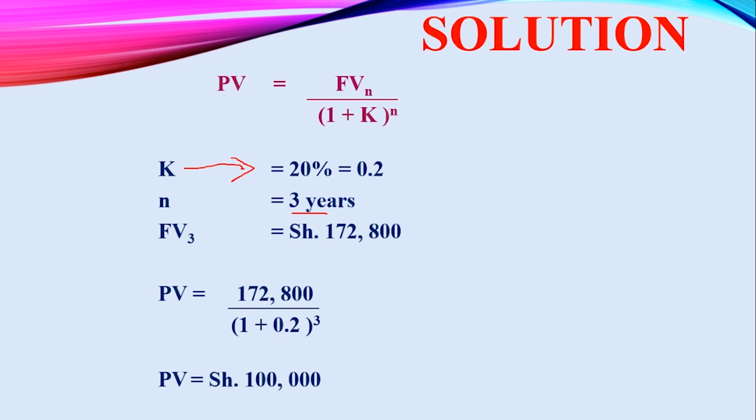Our n is 3 years, the number of periods. Then the future value in 3 years is 172,800. So when you replace that in the formula, that will be 172,800 divided by 1 plus 0.2 power 3. When you solve that, the present value is 100,000.